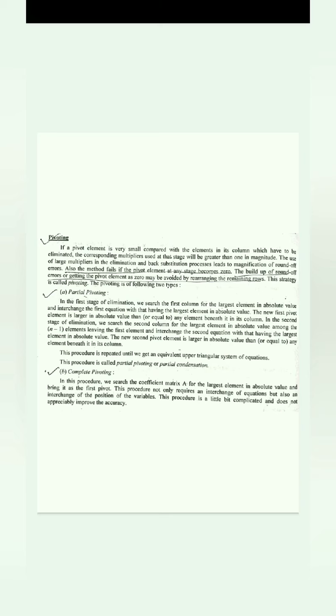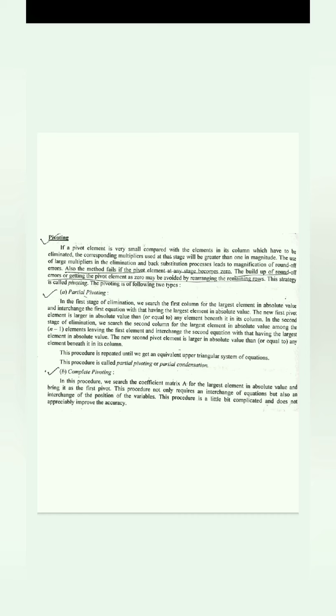In the second stage of elimination, we search the second column for the largest element in absolute value among the n-1 elements, leaving the first element, and interchange the second equation with that having the largest element in absolute value. The second pivot is larger in absolute value than any element beneath it in its column. This procedure is repeated until we get an equivalent upper triangular system of equations. This procedure is called partial pivoting or partial condensation.